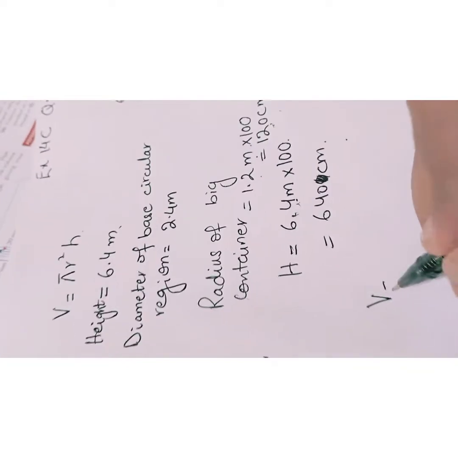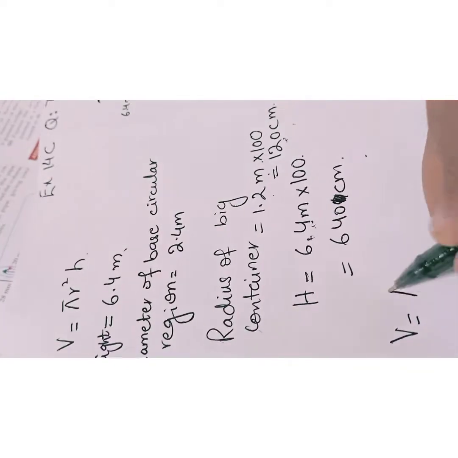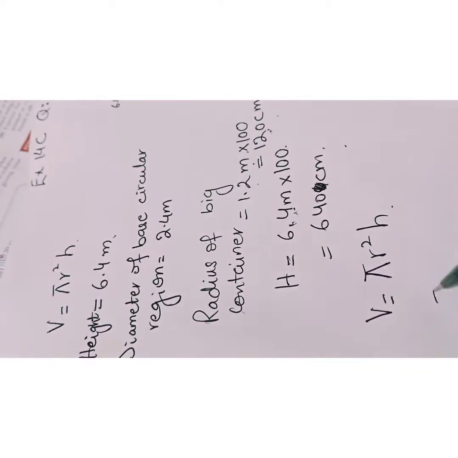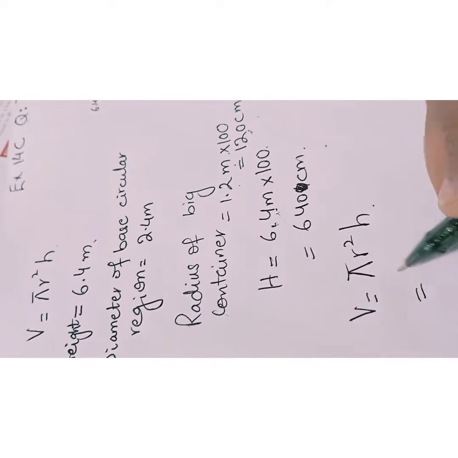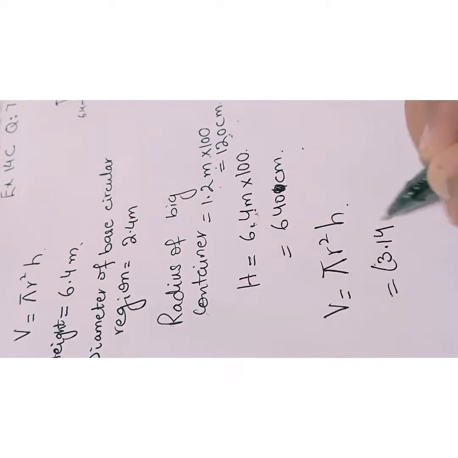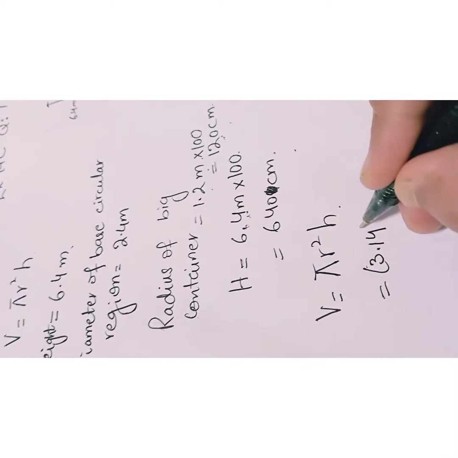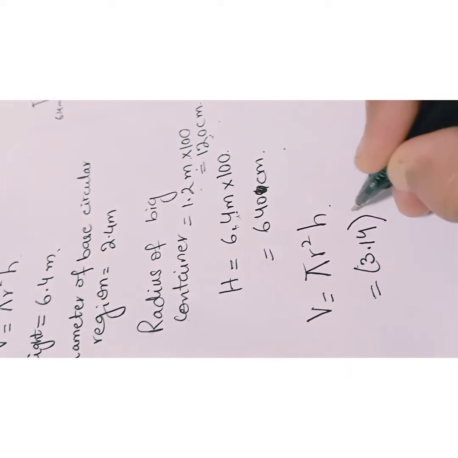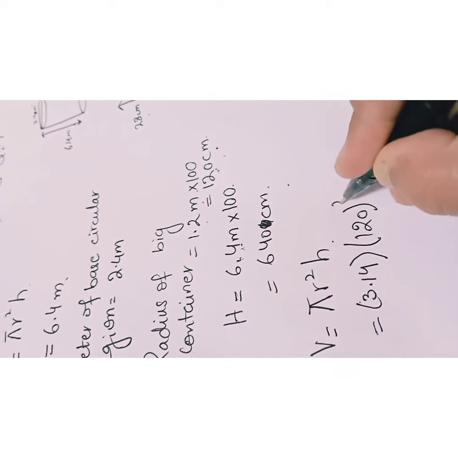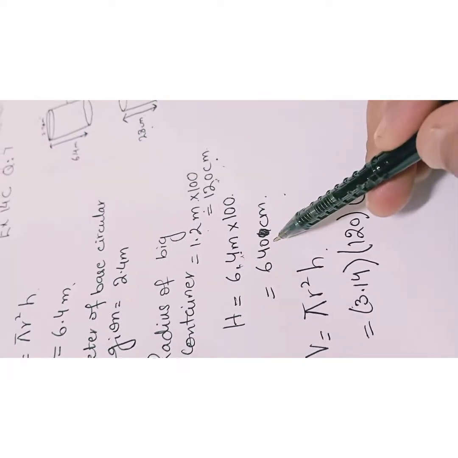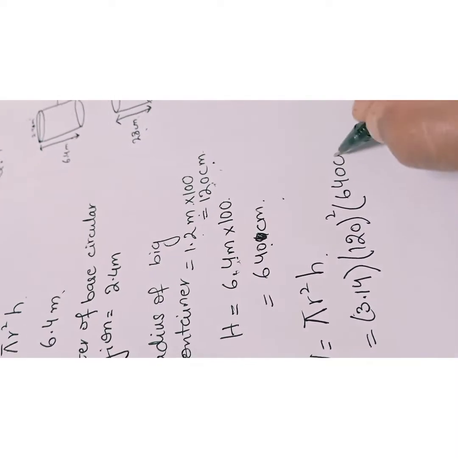Let's calculate the volume of this big container, which is pi r square H. So the volume will be pi. We all know that the value is always fixed, which is a Greek letter, and it might be 3.142, or you can use 22 by 7. The radius, which is now 120 centimeter, take it square, and the height, which is now 640 centimeter.